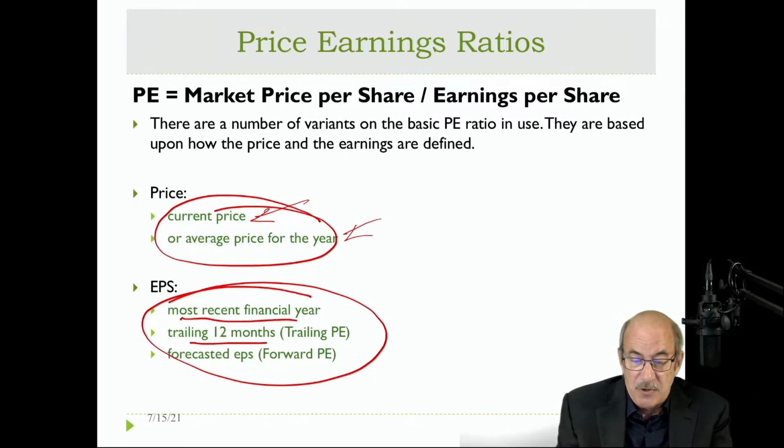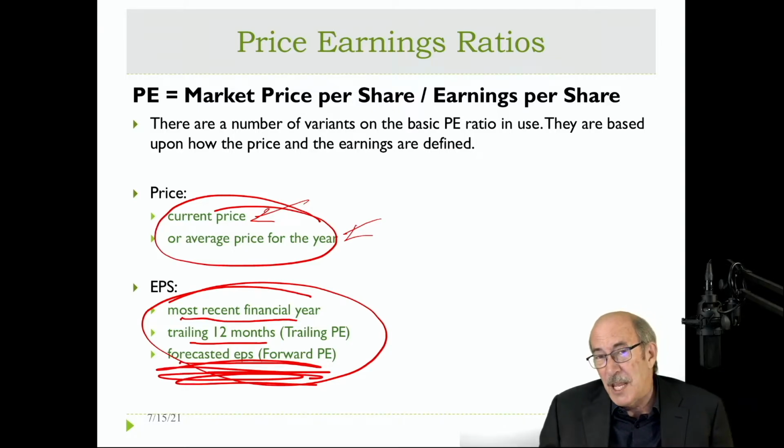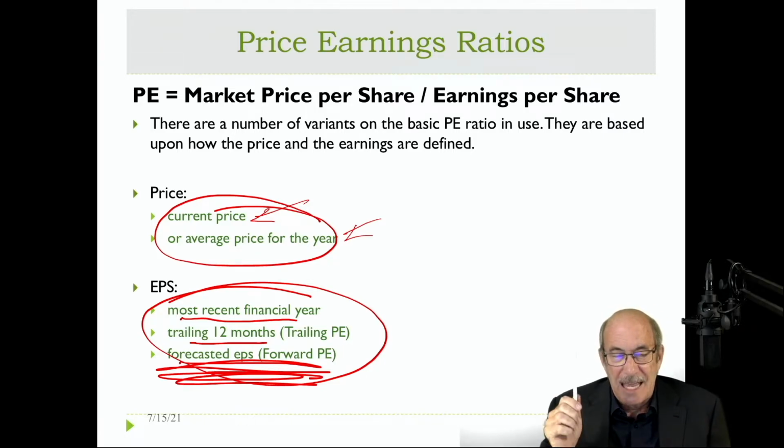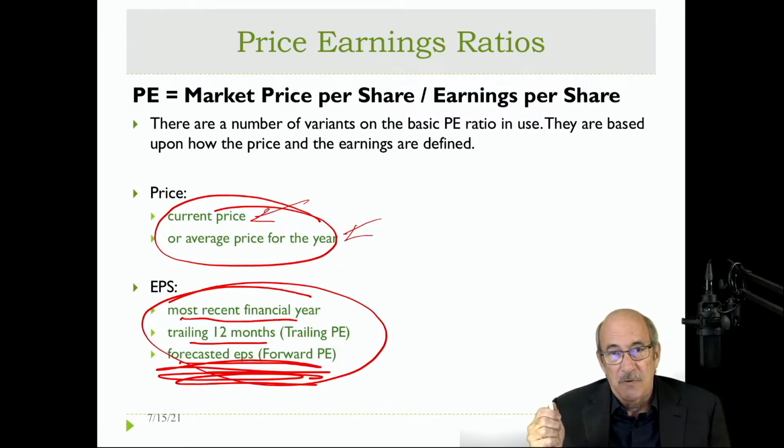And then this last one, forecasted EPS. So I actually have to figure out what EPS is going to be in the future. And I think right now we have an example of that being extremely misleading. If we look at the trailing 12 months or the past fiscal year PE ratios, look at what the market's been doing, right?